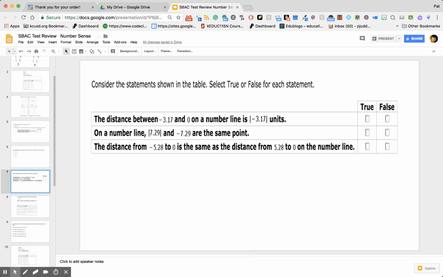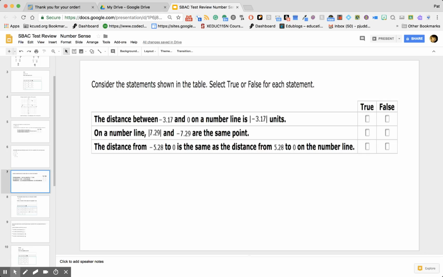On a number line, the absolute value of 7 and 29/100ths and -7 and 29/100ths are the same point. The distance from -5 and 28/100ths to 0 is the same as the distance from 5 and 28/100ths to 0 on the number line. And you need to decide, are these true or false statements?